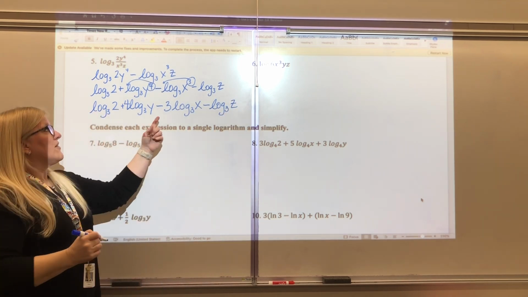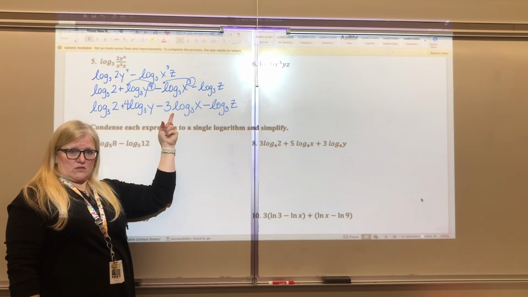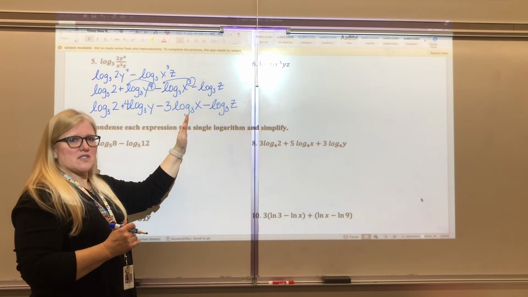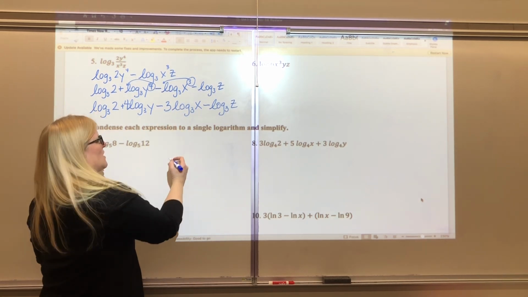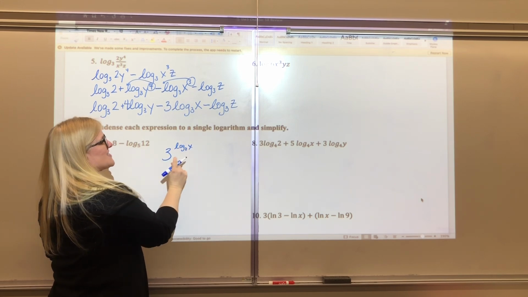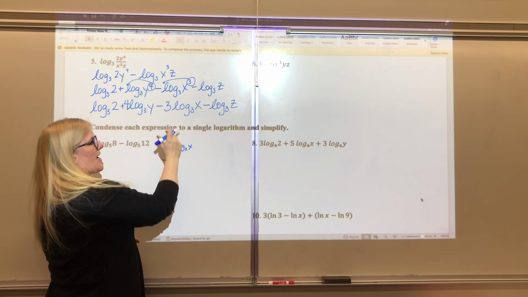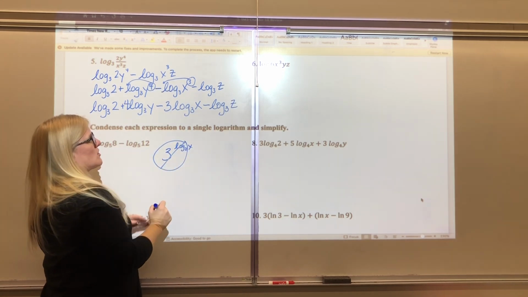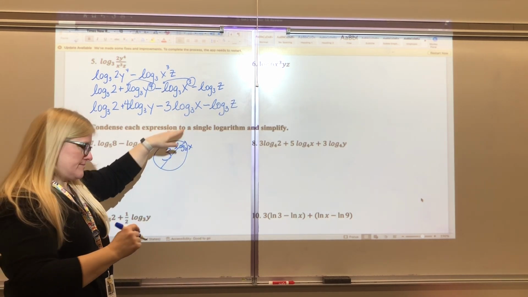Now, this does not cancel. People are getting this confused. This is 3 times log base 3 of x. What does cancel is when log base 3 of x is the exponent, like 3 to the log base 3 of x. This would cancel, but that one does not.